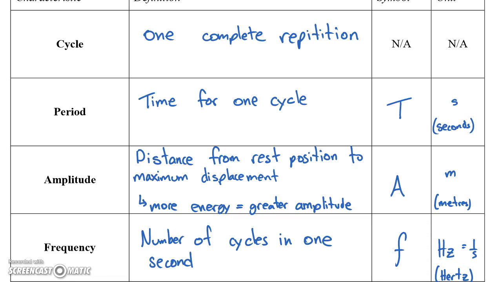And frequency is the number of cycles that happen in 1 second. So it's kind of like the period, where that's the time for one cycle, but this is the number of cycles that occur in 1 second, and that can be either a full cycle or less than a cycle or multiple cycles. One number you might hear is 60 hertz, or 1080p at 60 hertz.